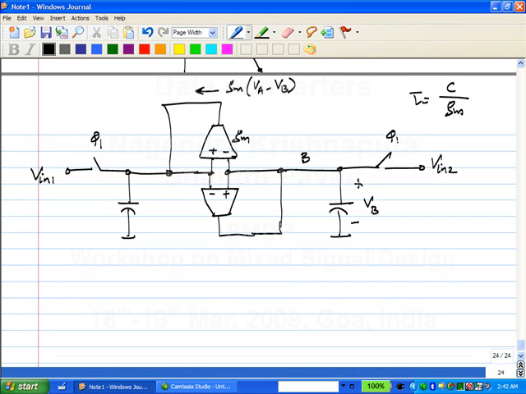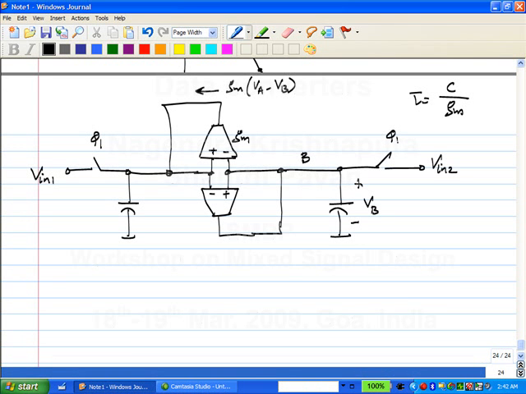Alright. So when phi 1 is high, the switches are closed and the capacitors are shorted to Vin1 and Vin2. Correct? So the voltages, when phi 1 is high, the voltages across the capacitors are simply Vin1 of t, which is a continuous thing, perhaps, and Vin2 of t.